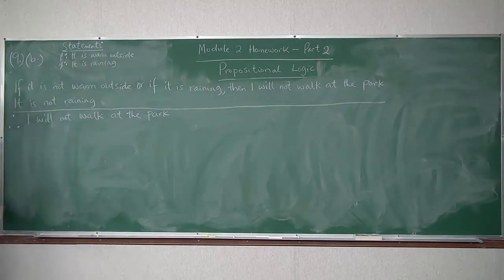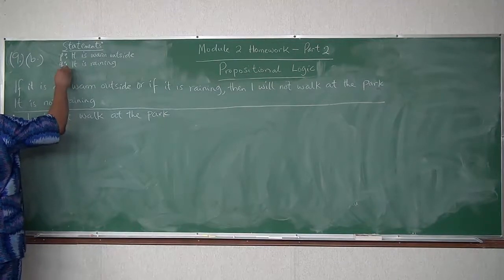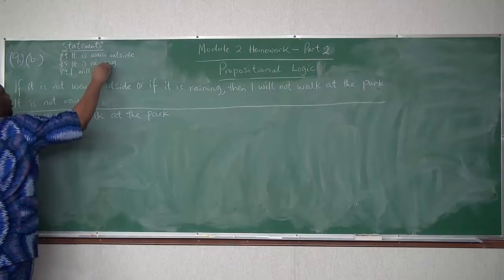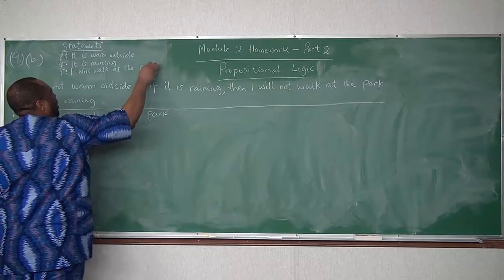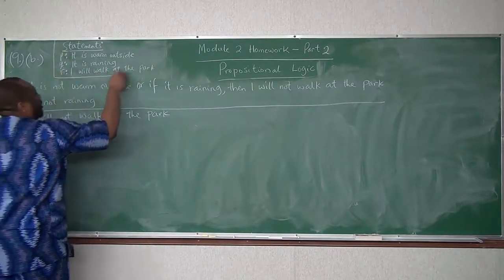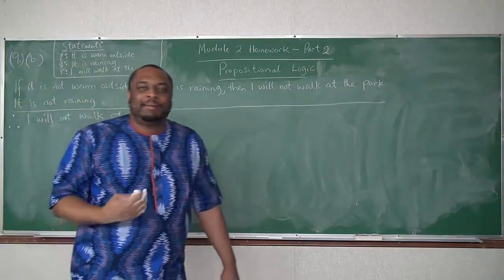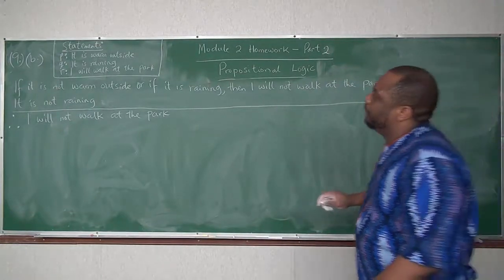So P is it is warm outside, Q it is raining, and then R is I will walk at the park. Am I pronouncing park right? With an American accent, park. Okay, so these are statements P, Q, R.